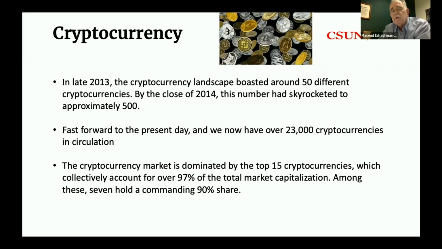But now, there are over 23,000 cryptocurrencies in circulation.